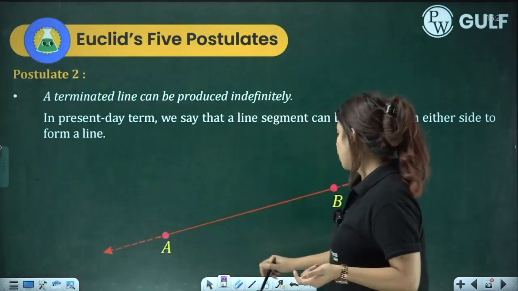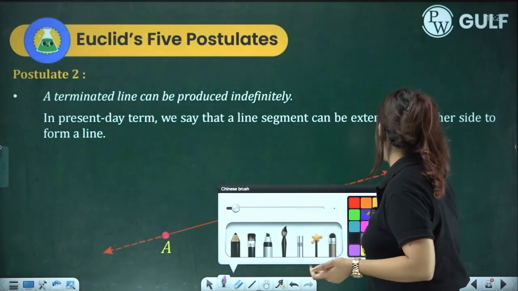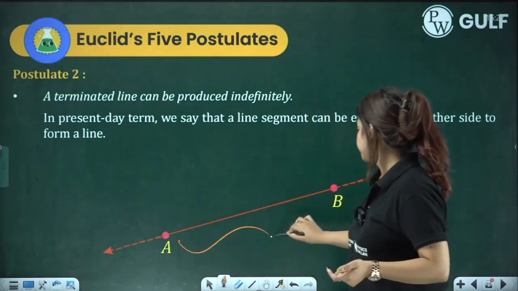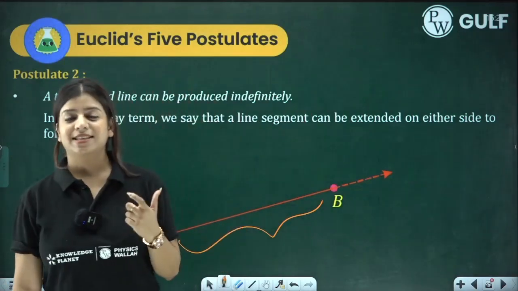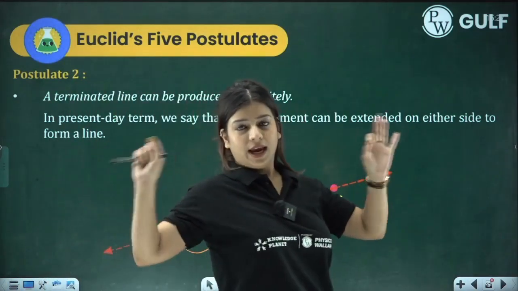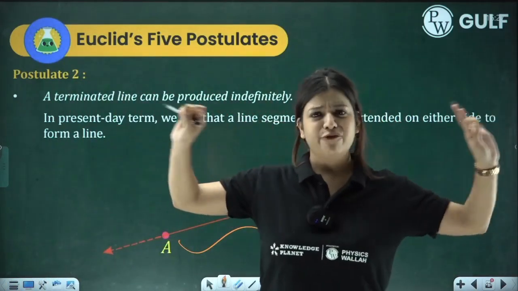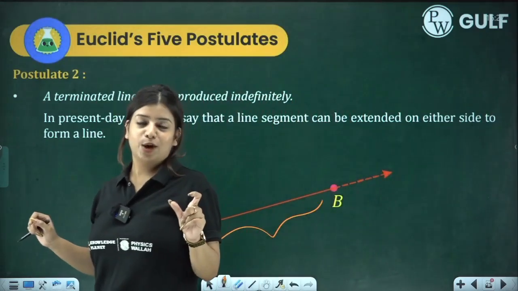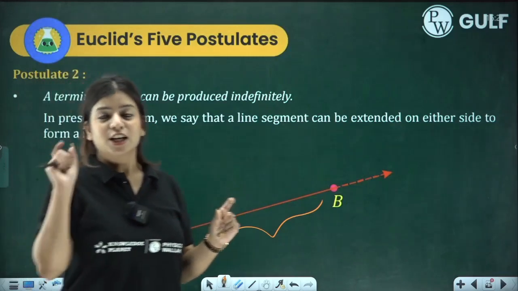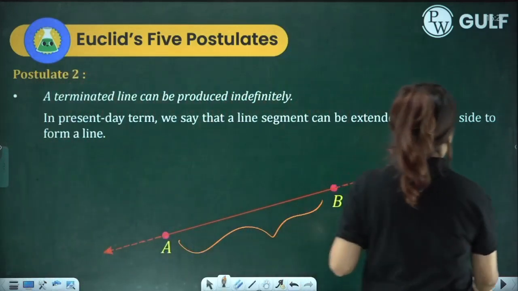So what does this postulate say, students? That this particular line segment AB can be extended to any length, right? So we can extend any line segment from both ends so that it forms a line.